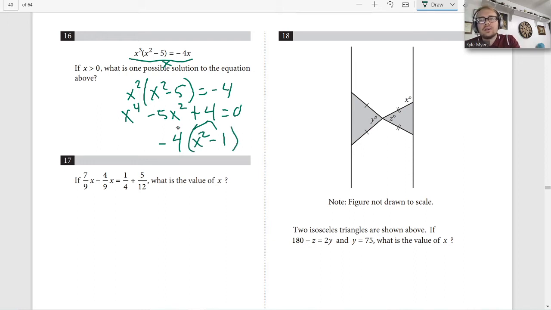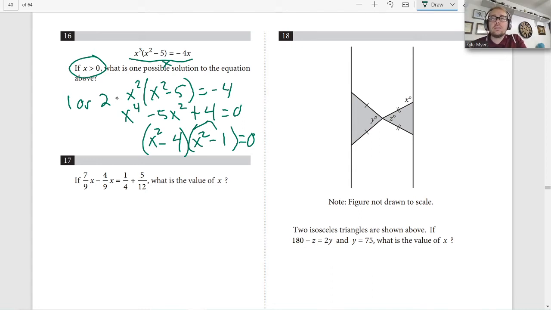So we can do factors, and then you can actually factor it even further. This would be x plus 2, x minus 2, x plus 1, x minus 1. So there's a bunch of possible answers. Only 2 that meet this criteria, though: 1 or 2. So there's actually 2 answers.